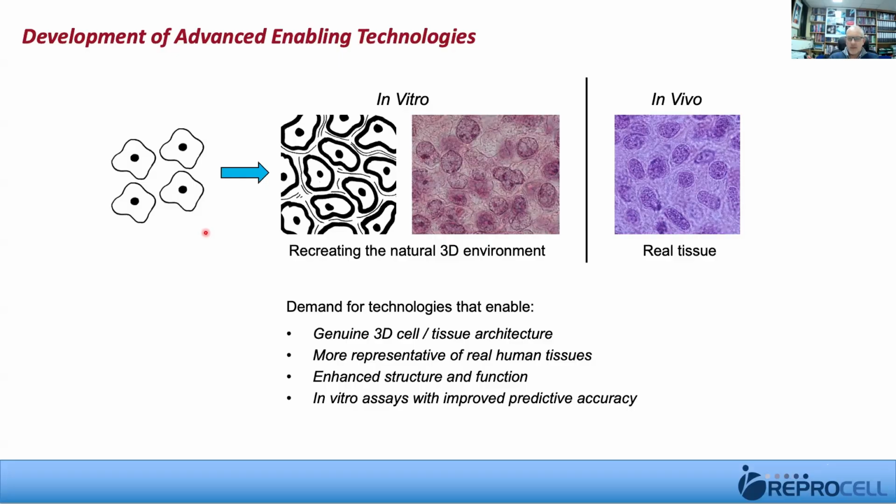So the idea being that we would be able to produce genuine 3D cell and tissue architecture, which is more representative of real human tissues, with enhanced structure and function, that in turn will enable us to develop improved in vitro assays with greater predictive accuracy.